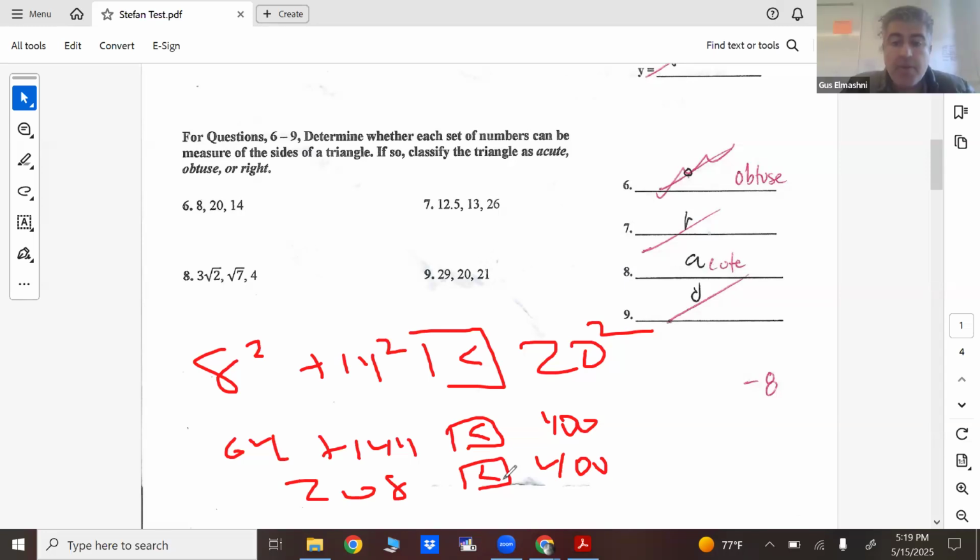And of course, it may not be a triangle if, before you square, the biggest side is greater than the sum of the other two sides. Then the triangle can't exist.